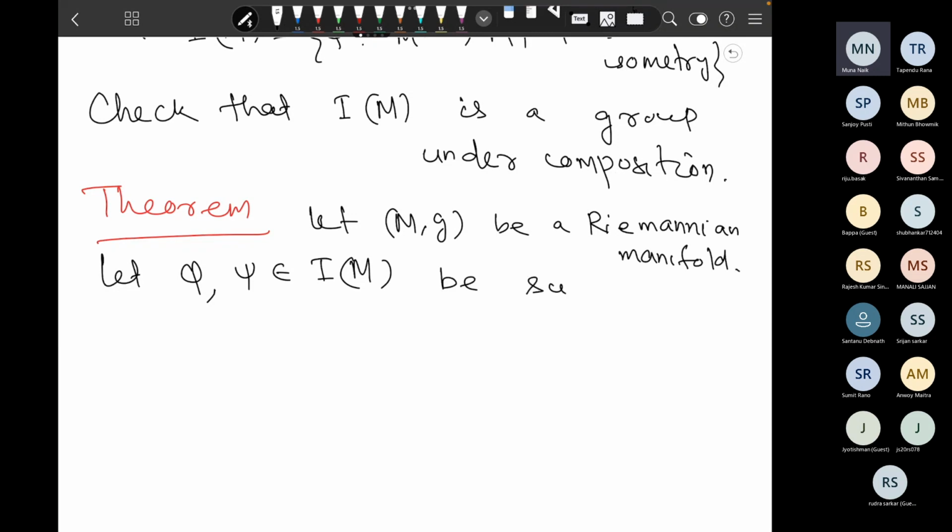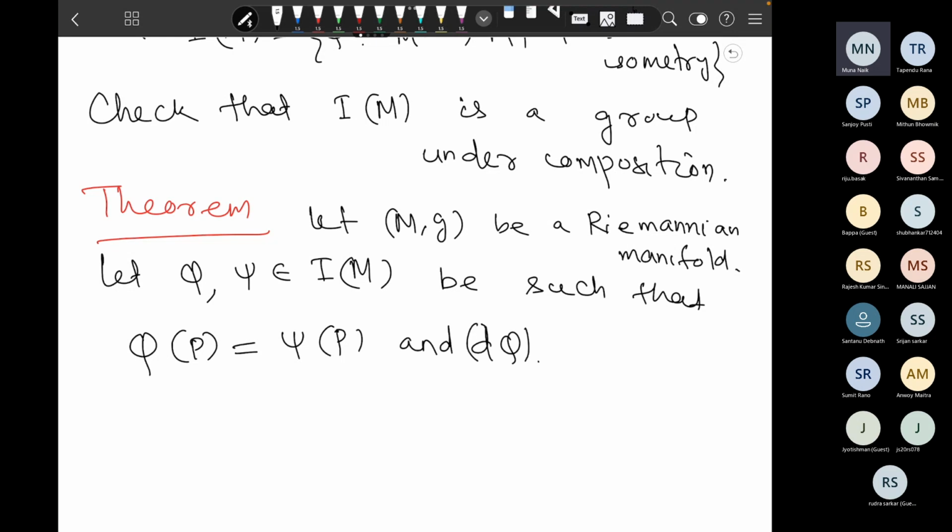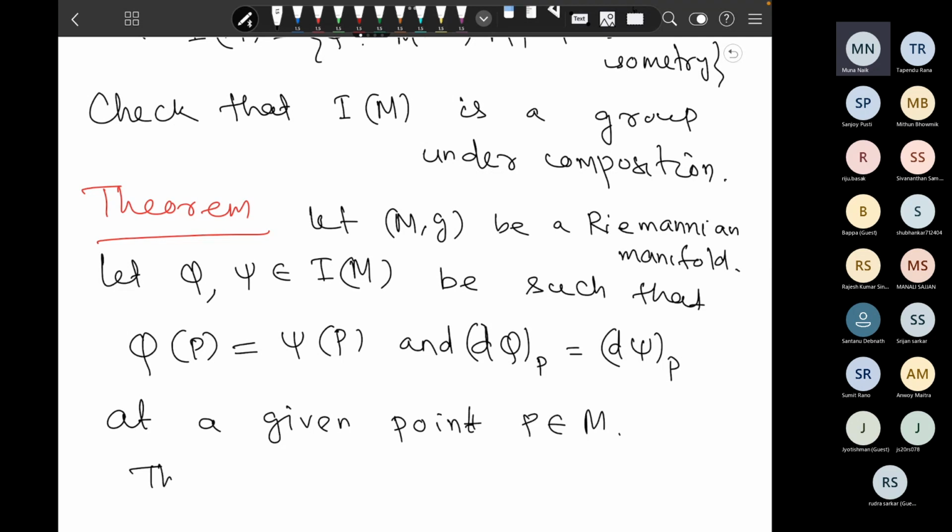We saw that if phi(p) is equal to psi(p), and d phi_p is equal to d psi_p at a given point p belongs to M, then phi is equal to psi.